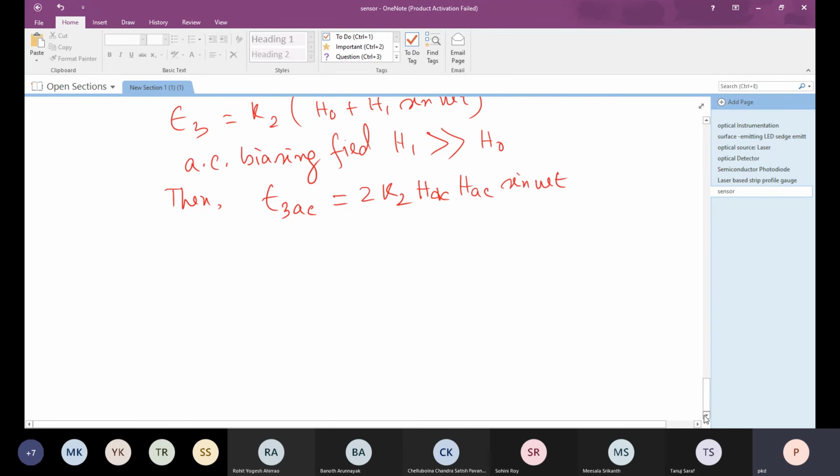So here, AC biasing has two advantages. One advantage is that it is amplifying the sensitivity, because as you can see, this one is 2K2 HDC into HAC, where HDC is the measurand.